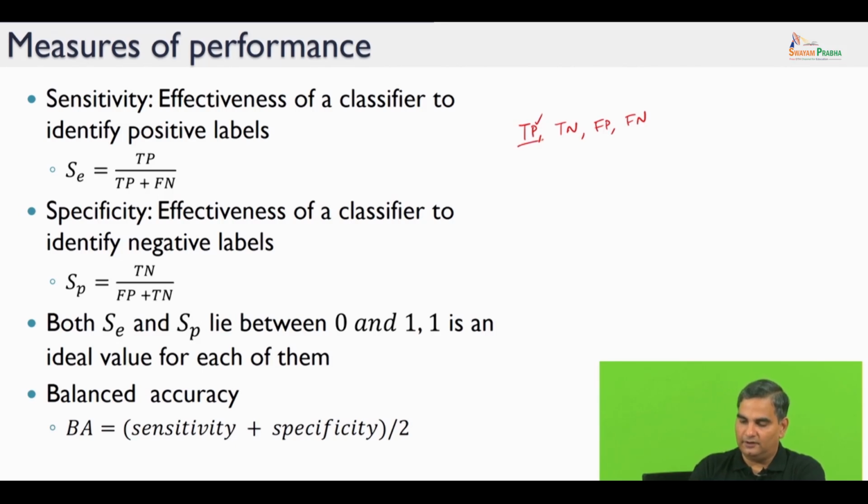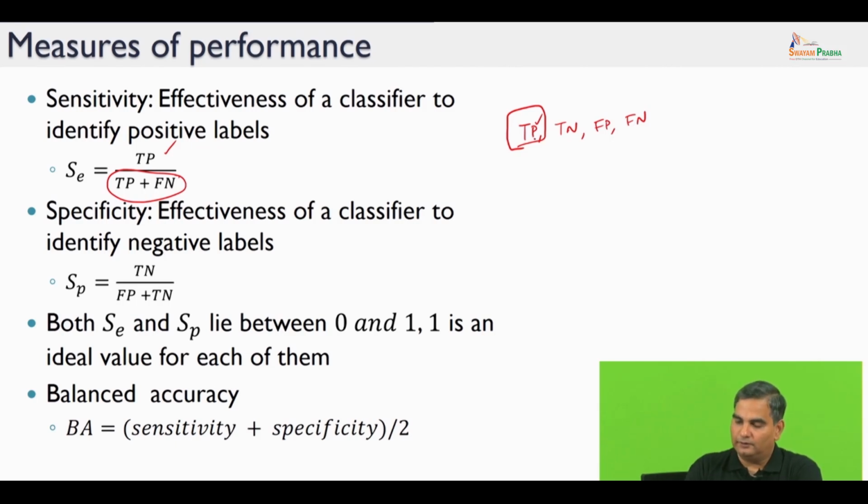So, this is when the classifier identified positive labels, and that goes into the numerator. We want to find the effectiveness in identifying positive labels. So, what we want is, of all the positive labels that were in the data, how many times did my classifier correctly identify positive labels. So, the denominator has to be the total number of positive labels in the data.